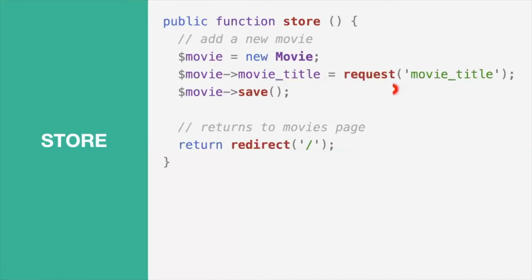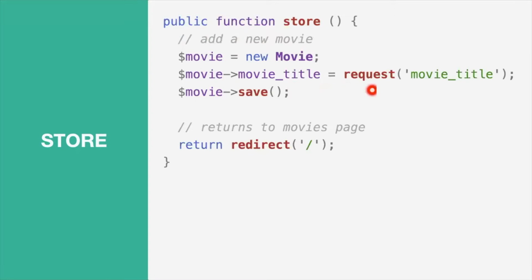Okay, I'll explain this request here in a moment. And so we'll just do that for each column. And then all you have to do is add this save method. And Laravel will then take that object and create the new item in the database for us. So again, we're not writing any queries at all. This is what Eloquent is doing for us.